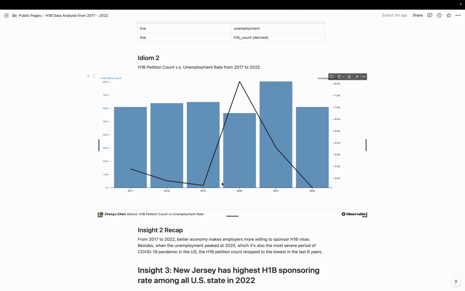So as we can see here, in 2020, which is also the COVID-19 pandemic, the unemployment rate skyrocketed to over 8%. In this year, the H1B petition count is also the lowest among all the last 6 years.